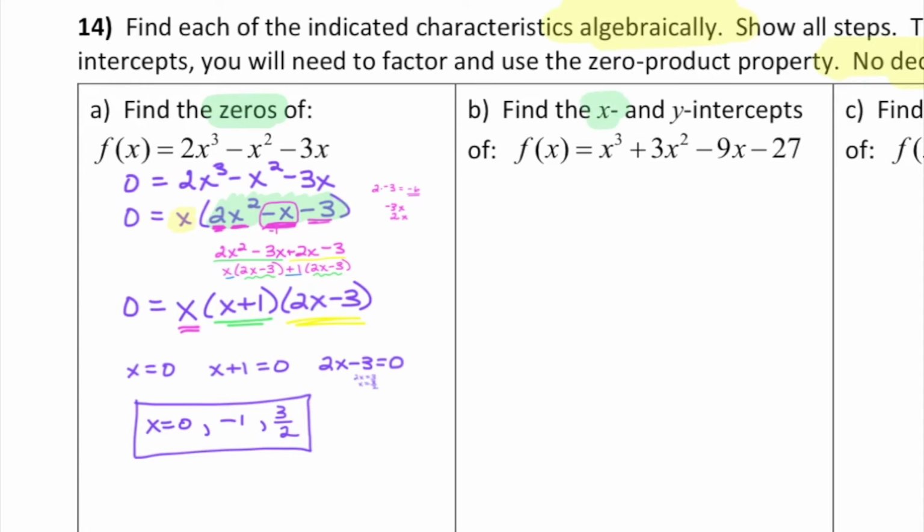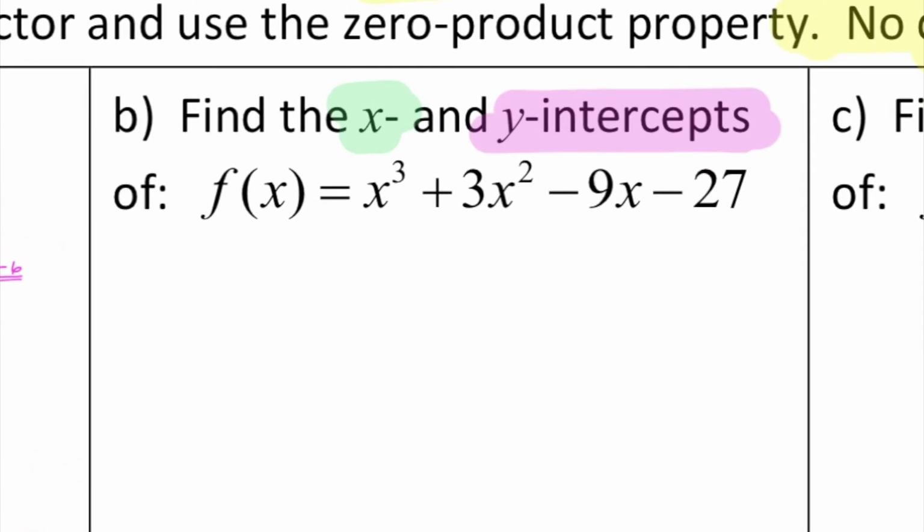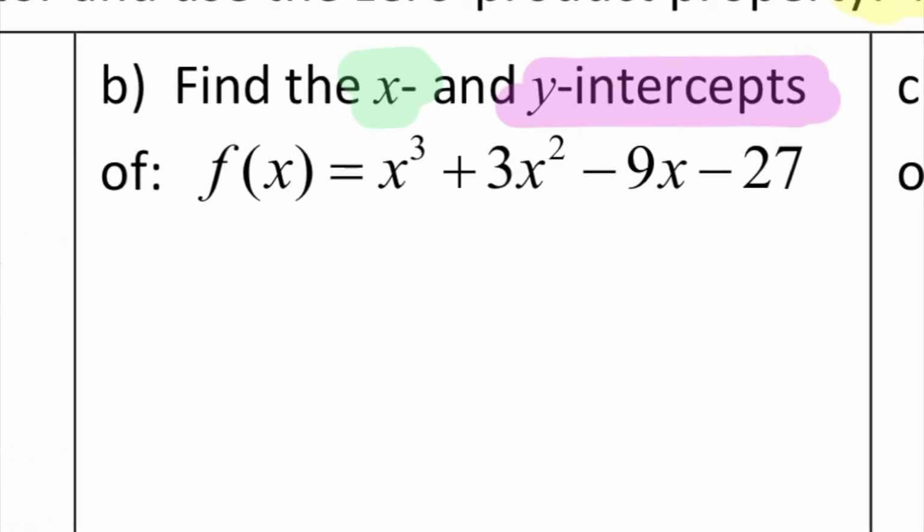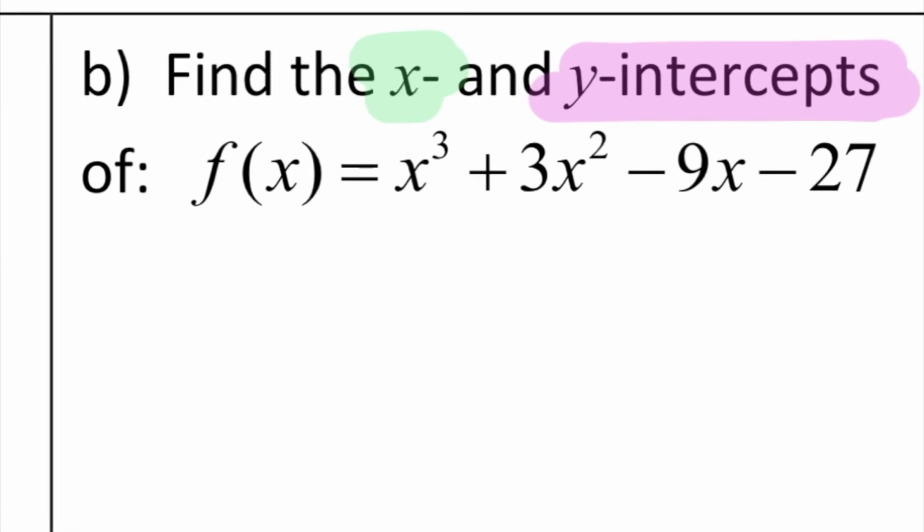And we're also going to find the y-intercepts here, so it just adds a piece to the instructions for this second problem. I see 4 terms, and if I give you something that's 4 terms, and you think that you're going to need to factor it, it's going to be a grouping problem, and it will be factorable. Again, let me start with my x-intercepts.